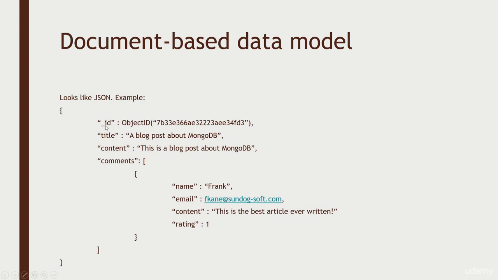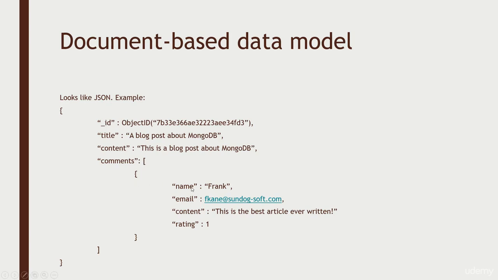MongoDB will automatically give you an _ID field that's just automatically appended to your document and contains some unique identifier for you. That's done because there is nothing in MongoDB that says that you have to have some unique field in your document at all. So within that document, we might have a title, the content of the blog post itself, and then we can have a comments field that contains an array of other documents.